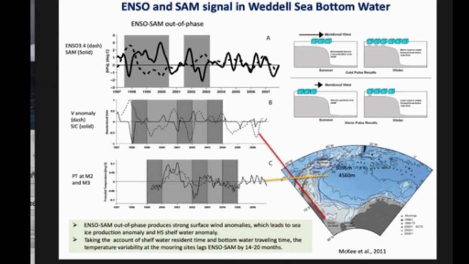And so if in the summer we have a stronger offshore wind, we push the ice off the shelf area, the ocean is more open, and in the winter we have a large room to grow. The sea ice grows more, and with strong wind it possibly grows even more, and there's much more brine rejection in that situation with stronger meridional winds.